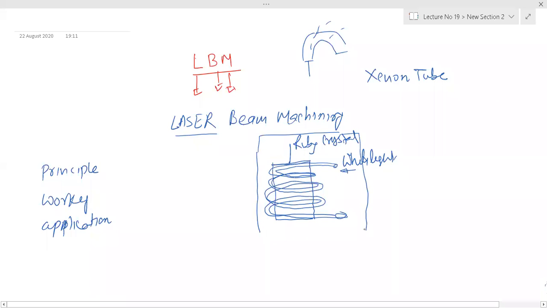That chamber is your reflective chamber, right? This is your reflective chamber. This surface is reflective, so this is your reflective surface, or we can say it is a highly reflective surface.